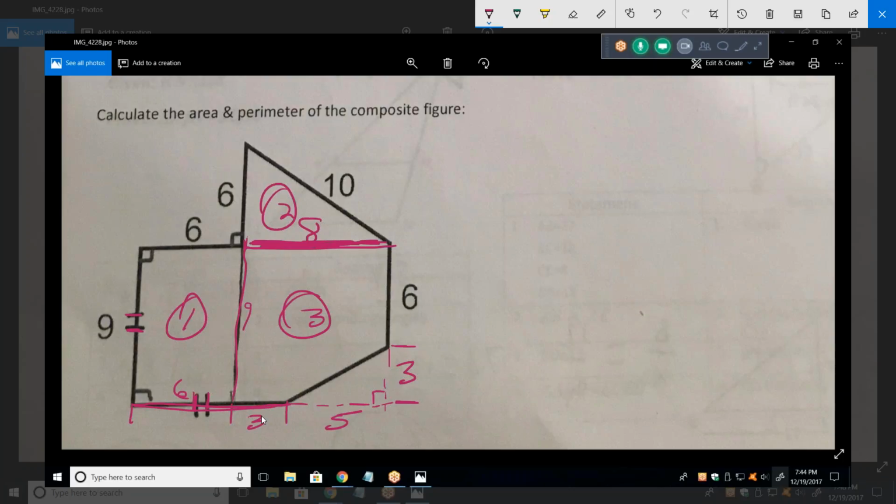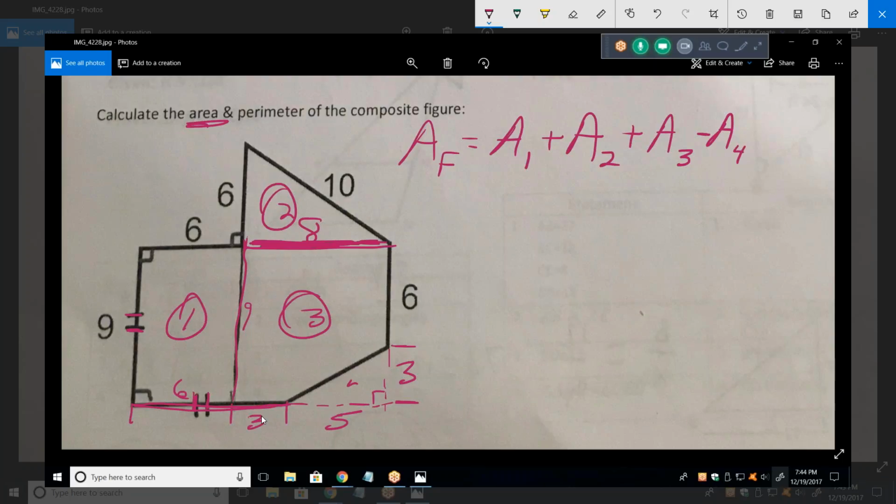Okay, so what do we have? Let's start with the area. The area of the figure equals the area of rectangle 1 plus the area of triangle 2 plus the area of rectangle 3 minus the area of triangle 4.